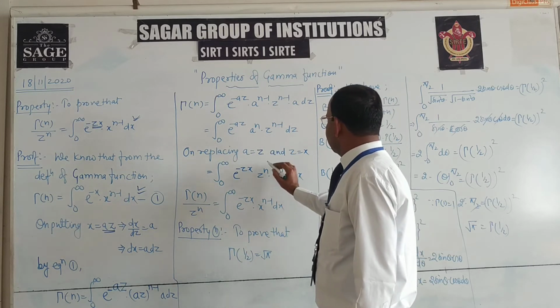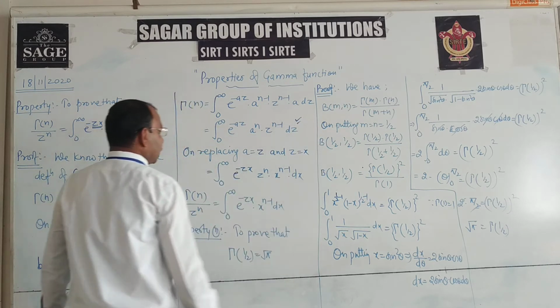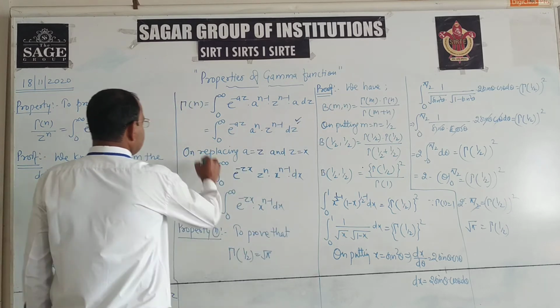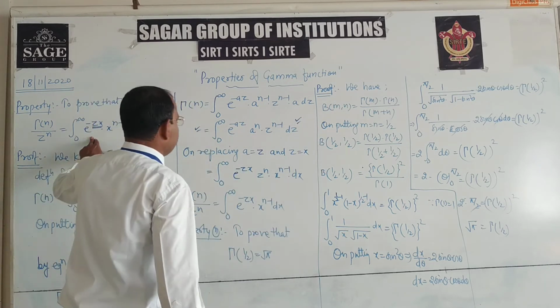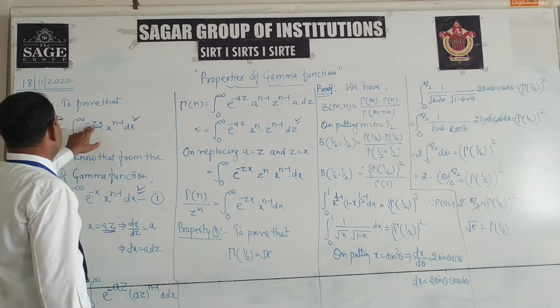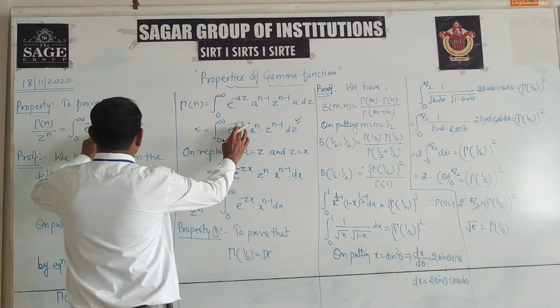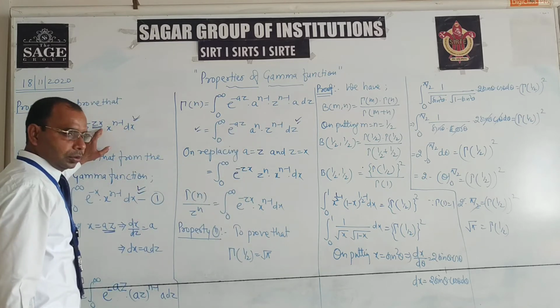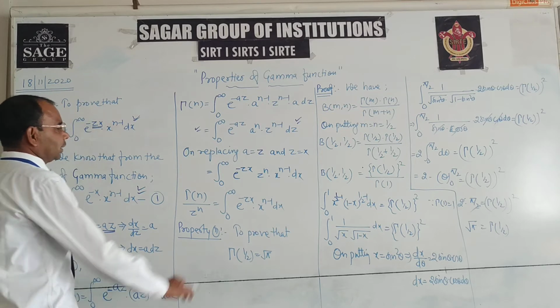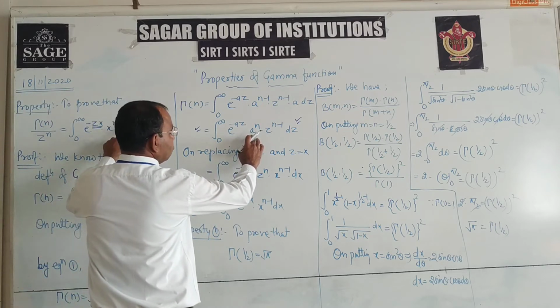This is the final term, but this is not yet the proof of the property, because we need e to the power minus zx, but here we have e to the power minus az, and an extra term x to the power n minus 1.